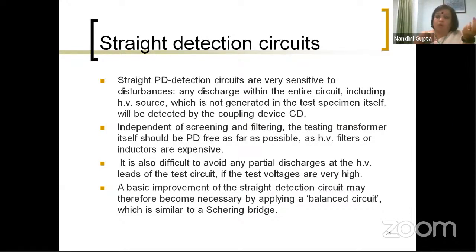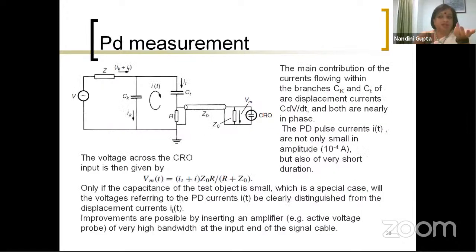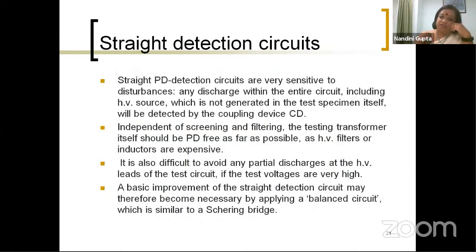And immediately we know from experience that this is not PD that is happening, but maybe there is a sharp corner somewhere, there is dust somewhere, which is leading to a lot of corona. And not even PD, just corona happening. And we need to get rid of that. So therefore, the straight detection circuit is not really very amenable to any kind of measurement, and it is difficult to avoid partial discharges in the leads themselves.